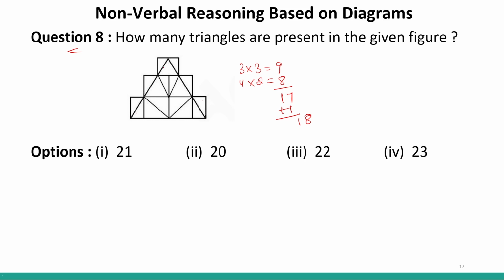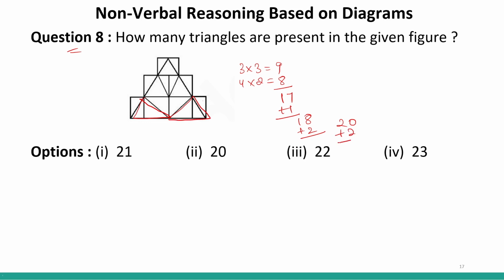Now, similarly, I can have this as a triangle and this as a triangle. Correct? So this will give me 2 more, that is 20. Now, if I look at this image, I can see clearly that this and this also forms a triangle. Correct?